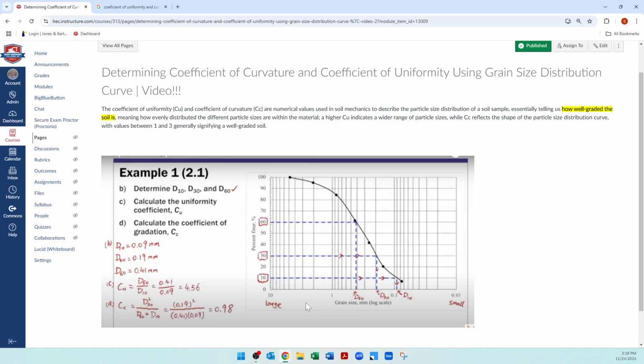This is the particle sizes down here. Now this is percent passing. What size particles pass 10%? What are the particle sizes where 10% pass through a sieve size? Now take this line and go straight across until you hit the curve.